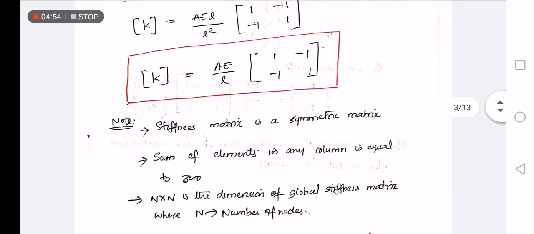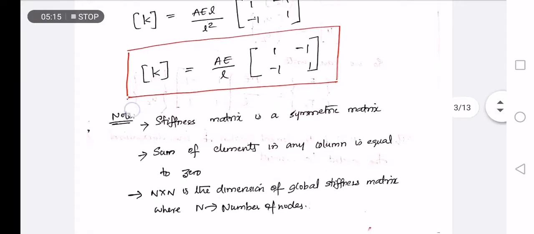And when these elemental equations are assembled we will get a global stiffness matrix equation. That global stiffness matrix dimension is n cross n if the number of nodes is n.